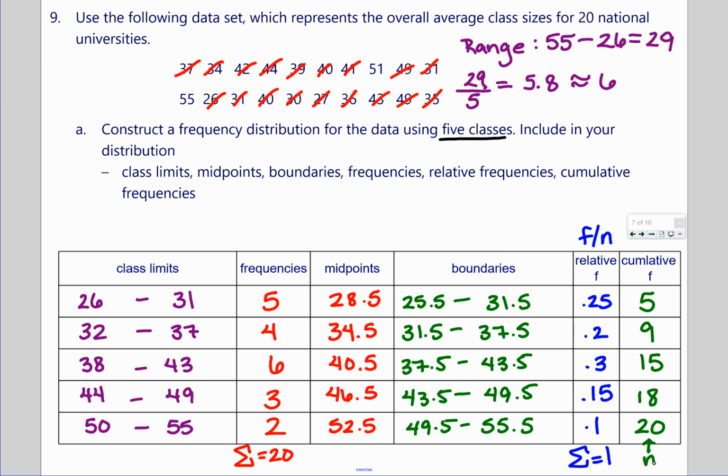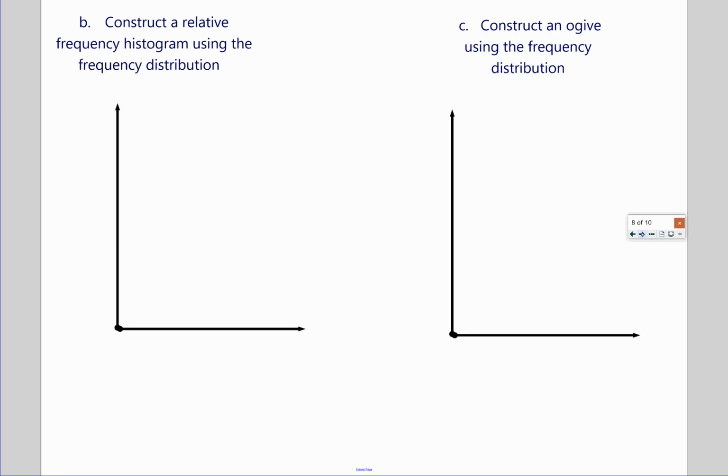Okay, so now some graphs we can do at the bottom. We're going to make a relative frequency histogram using the numbers that we have, and then we're also going to make an Ogive graph. Okay, so we're going to label. Let's start with the relative frequency is what we're making.